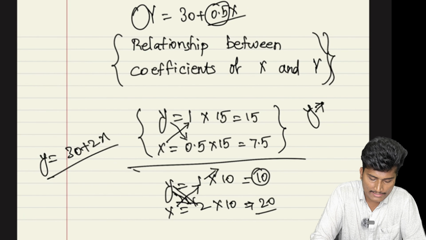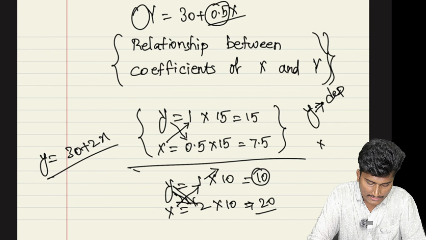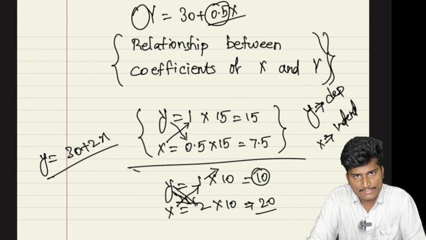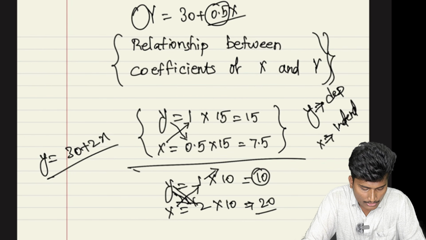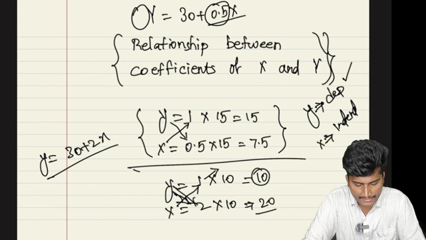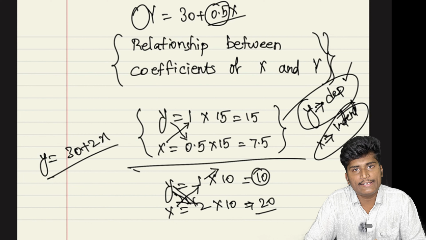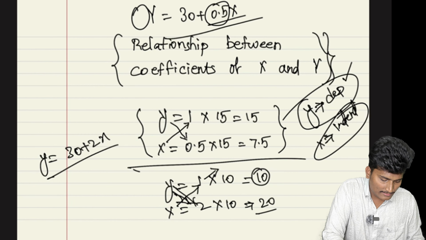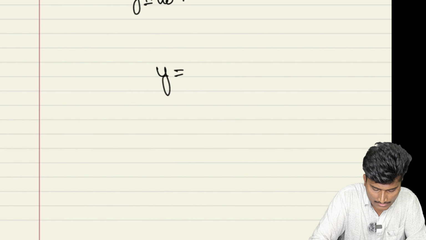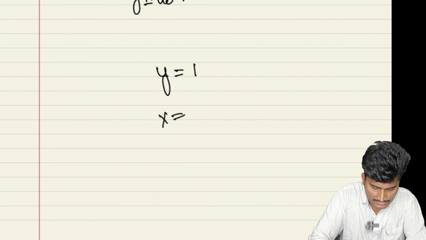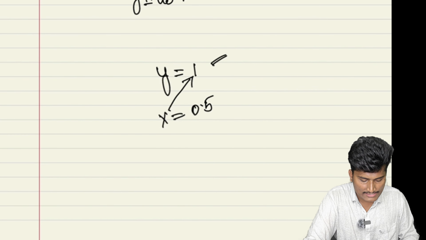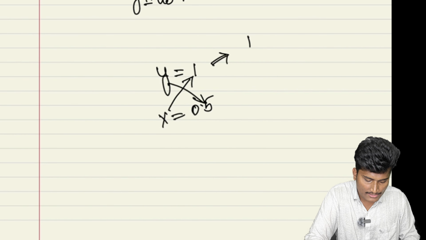We saw that y is a dependent variable, right? And x is an independent variable. By looking at this graph, we will be able to find out how dependent the y value is on x, by what degree. Here in this equation, the coefficient of y is 1 and the coefficient of x is 0.5. If x is increased by 1, y will be increased by 0.5.